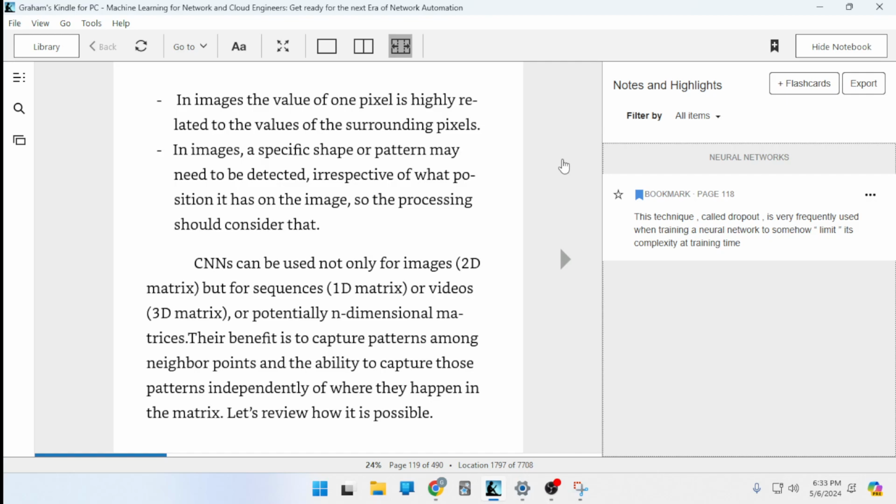CNNs can be used not only for images, 2D matrix, but for sequences, 1D matrix, or videos, 3D matrix, or potentially n-dimensional matrices. Their benefit is to capture patterns among neighbor points and the ability to capture those patterns independently of where they happen in the matrix.